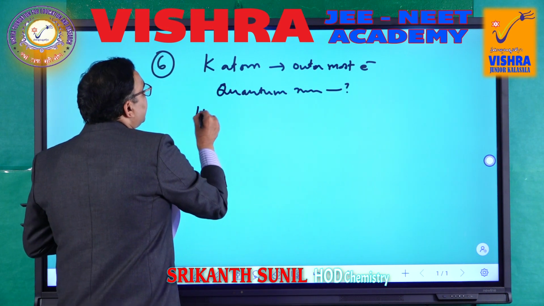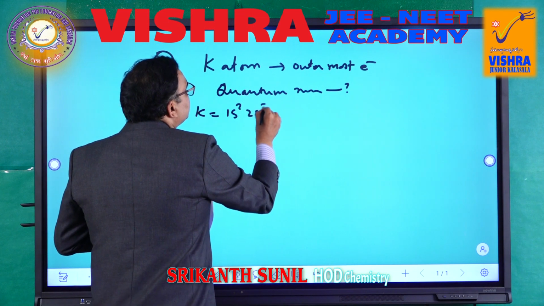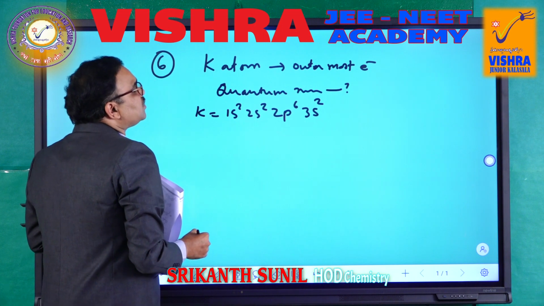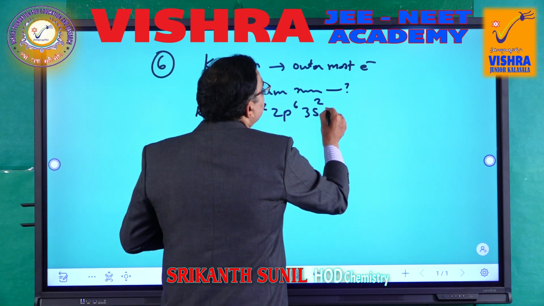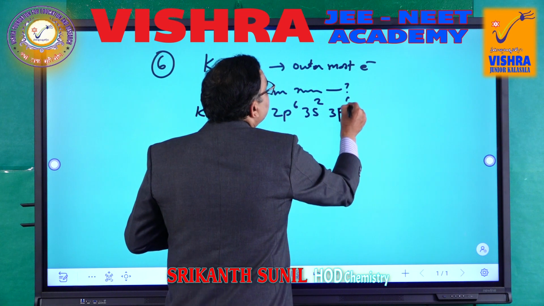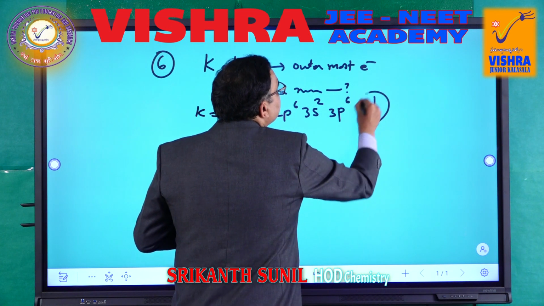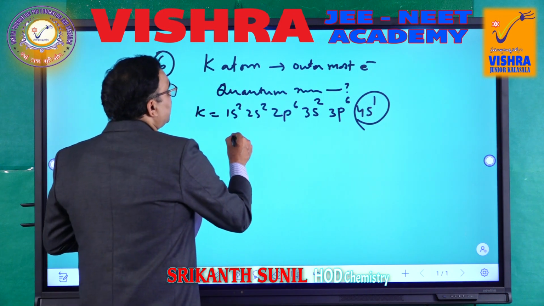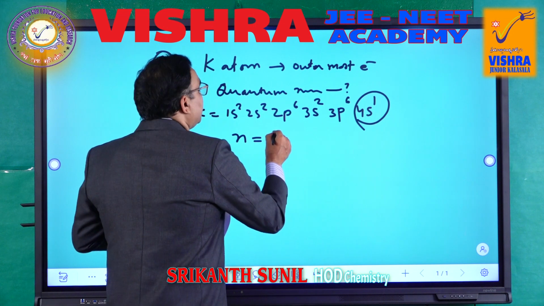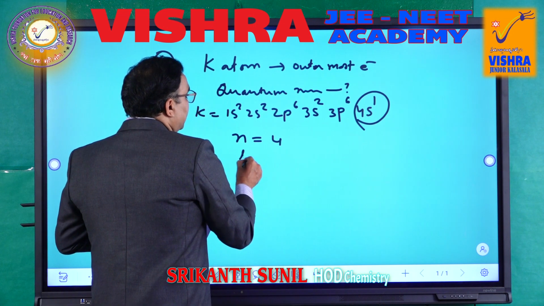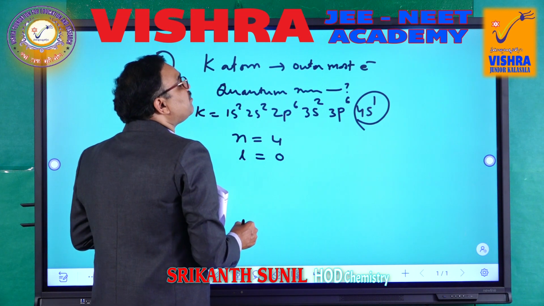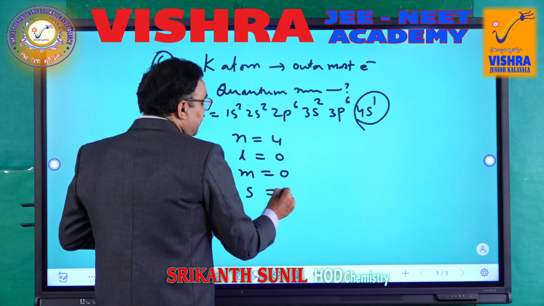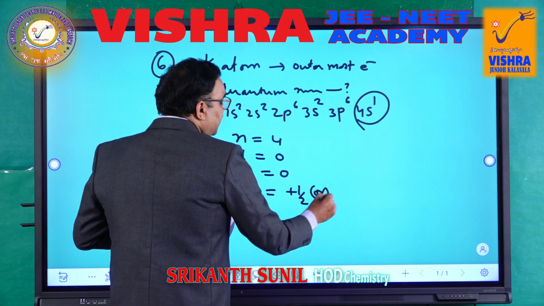So let us write the K atom: 1s2, 2s2, 2p6, 3s2, 3p6, 4s1. This one is the last electron, 4s1. So n, the principal quantum number, will be 4, then l will be 0, the azimuthal quantum number. So m is also equal to 0. s can be plus half or minus half.